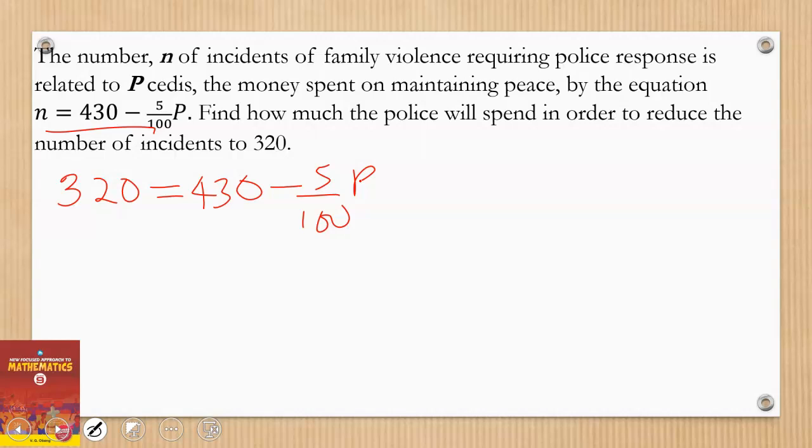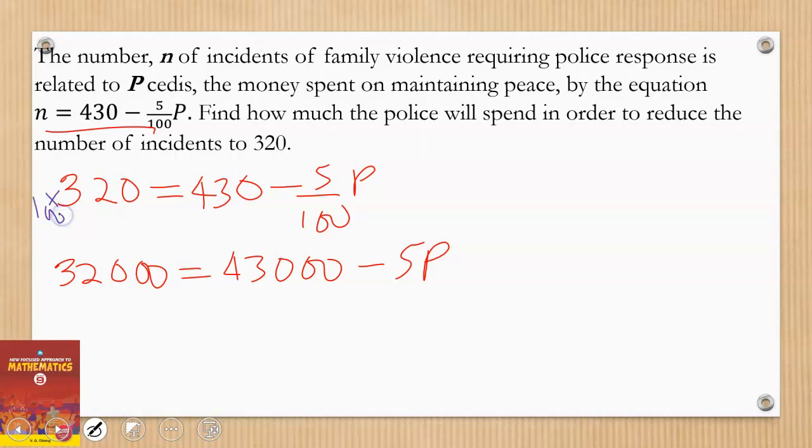So let's see how much the police will spend in order to reduce the incident rate to 320. Making P the subject, let's multiply through by the LCM. So then we are going to have 320 times 100 equals 430 times 100, then minus 5P. So it means we multiply everything by 100, here by 100, here by 100, and here also by 100. So this will cancel, this will multiply to give us this, and this will multiply to give us that.